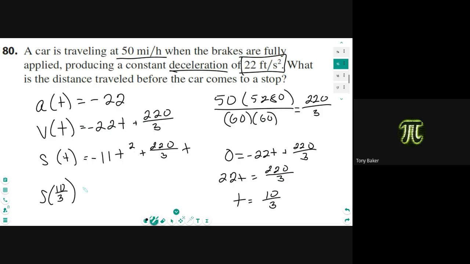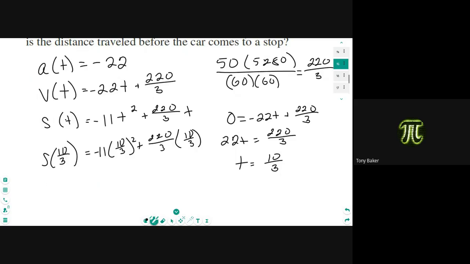So we plug in 10/3 to this problem here, and we get 1100 over 9, or 122 feet. Actually, it's 122.2.